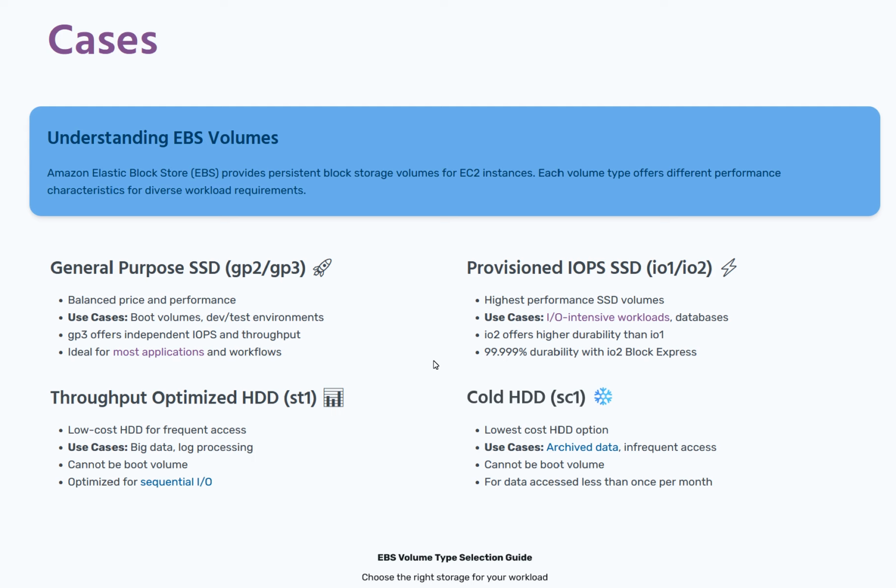That is the high performance IO intensive SSD volume. Then sequential workloads like data warehousing and log processing are good for throughput optimized hard disk drive.